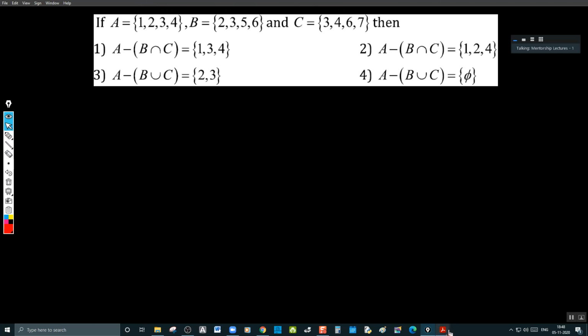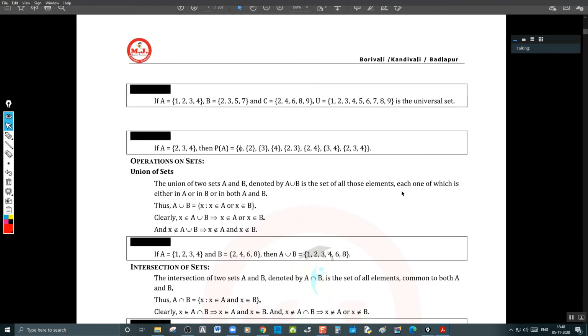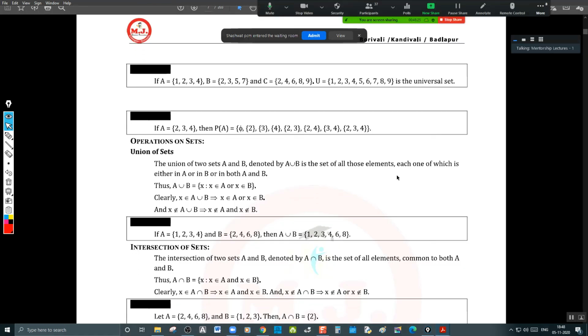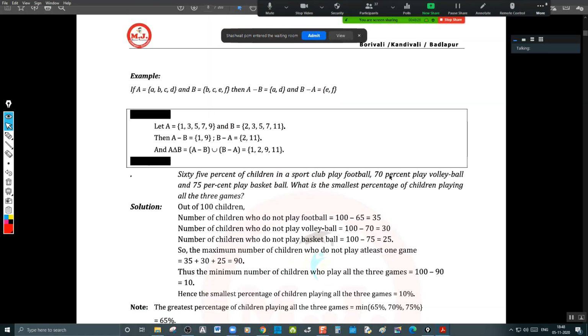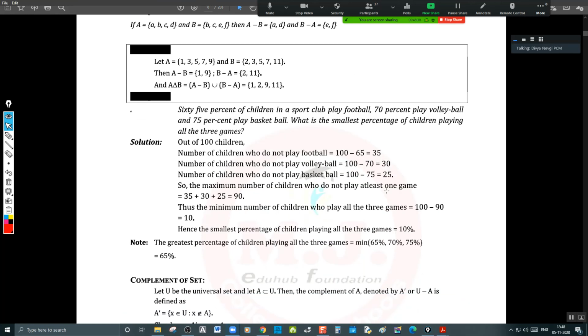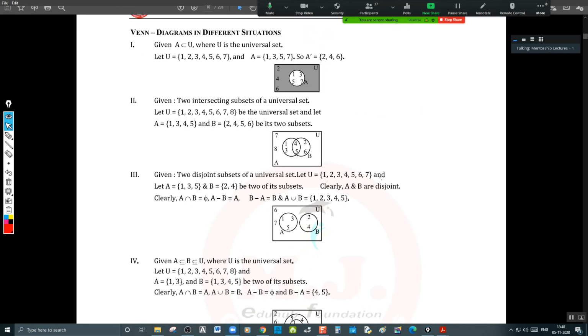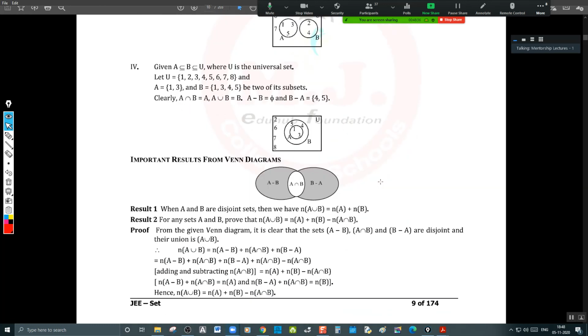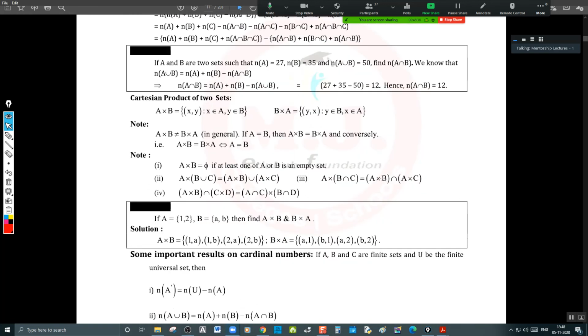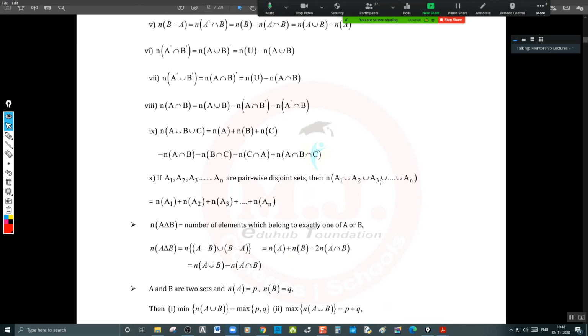Just a moment, please. Do you see the screen? Yes, sir. Besides those worked out examples, this is your MJ material. You can see that. And we have not seen all these operations; we are going step by step.